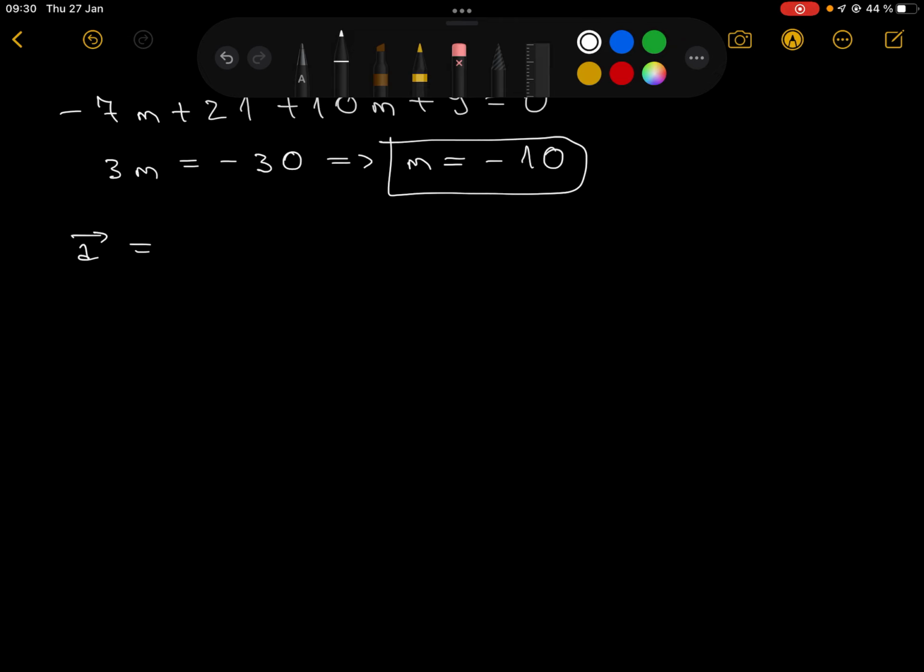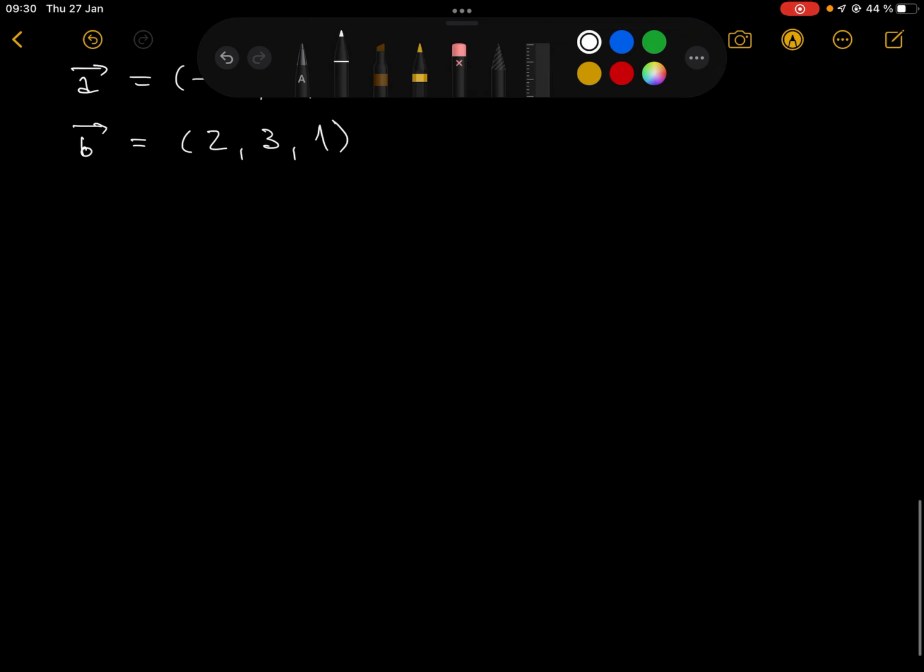So A is equal to m minus 1, which is minus 11, 1, and m plus 1, which is minus 9. B is equal to 2, 3, and 1, and C is equal to 1, 3, and 2.